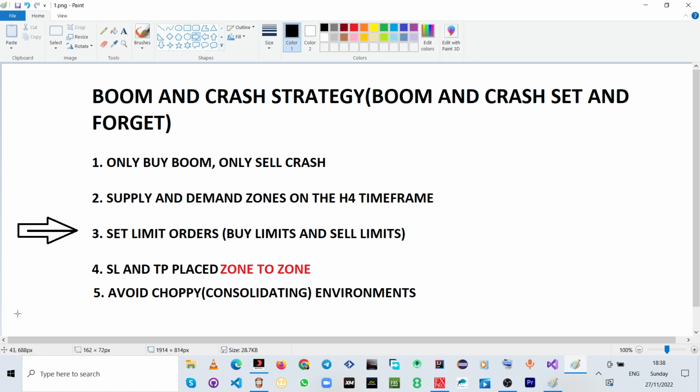These are the front end of the strategy: the limit orders, setting your stop loss.